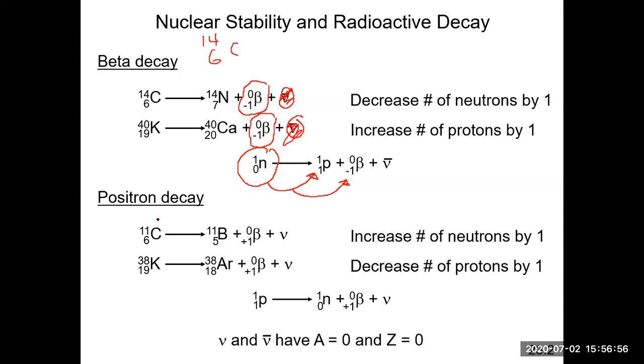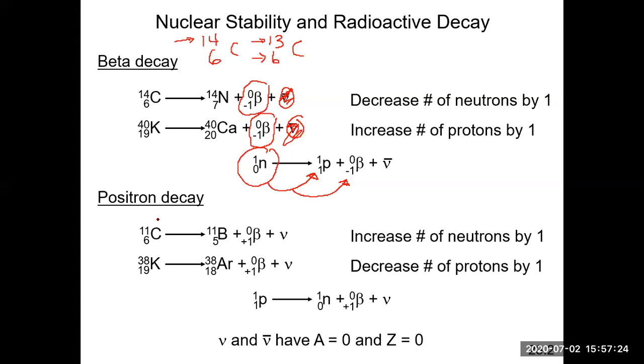We take away a neutron, and the neutron would be up here in our mass number, which is neutrons and protons, which technically would drop us to 13 and 6. But as that neutron goes away, it makes a proton, which is added to the top number and the bottom number.